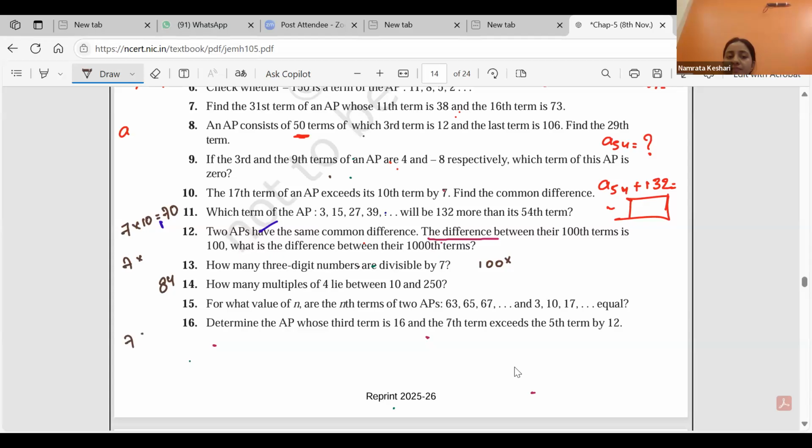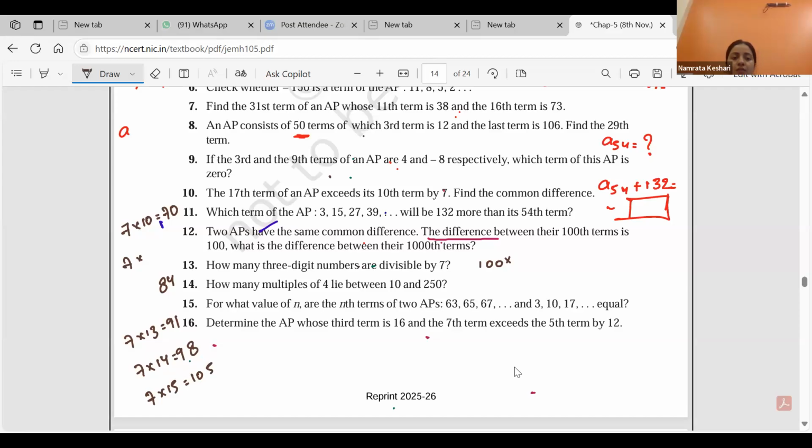Okay. 7 13 times 91, and after this one 7 14 times 98. Okay, 7 15 times we are having 105. Is it 105?